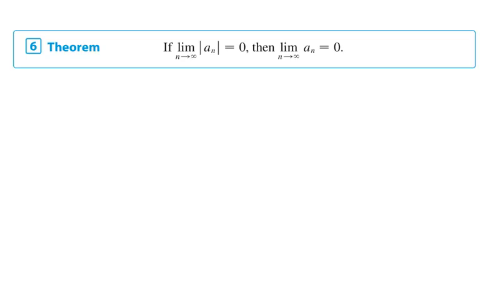So let's look at a couple problems here. This one says find the limit as n approaches infinity of n over n plus 1. Now, if you remember limits back in chapter 2 in Calc 1, your first technique is to plug and chug.